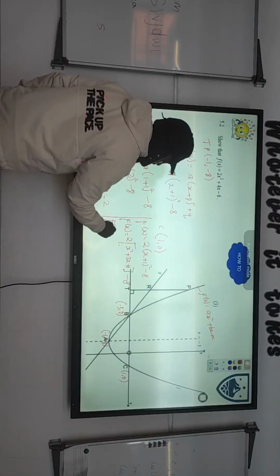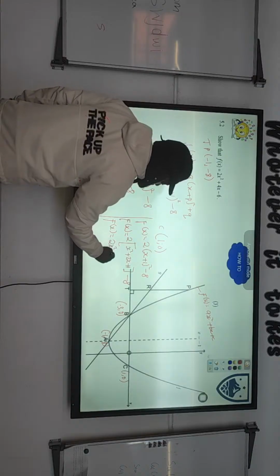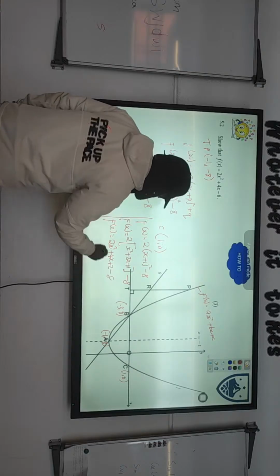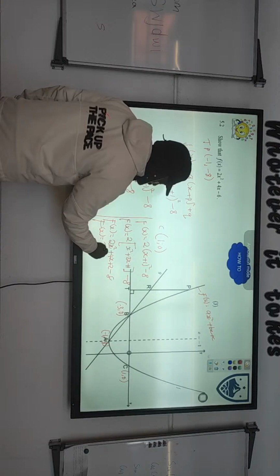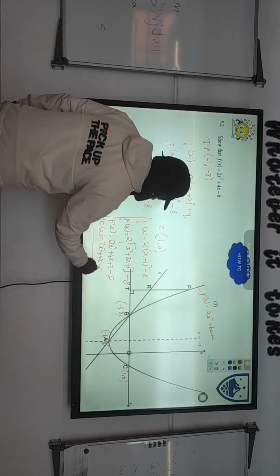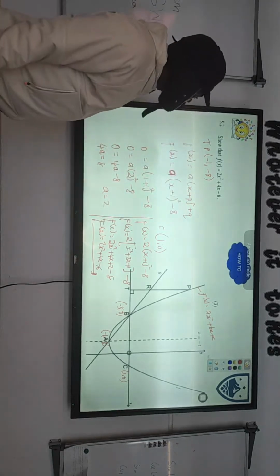So my f(x) will simply give me 2x squared plus 4x plus 2 minus 8, and then f(x) will give me 2x squared plus 4x minus 6, which is what they want us to show.